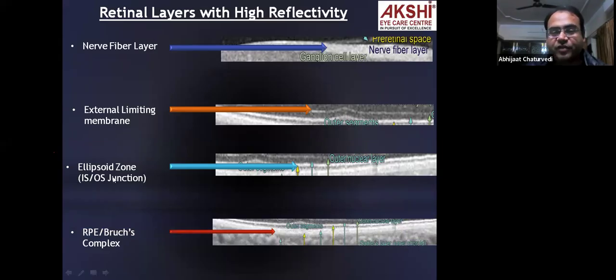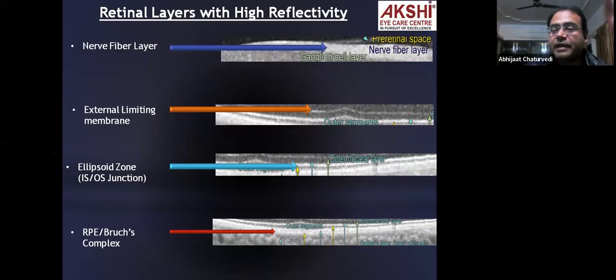So these three layers are very important, and the majority of the time people get confused about which is the ellipsoid zone and which is the ISOS junction. If you remember the anatomy well, there is one external limiting membrane, after which starts the outer component of the entire photoreceptor complex.